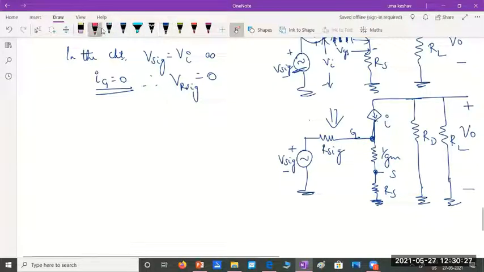Now, please remember the voltage here to here is Vi, and this Vi is the same as Vsig because the drop across this is 0. There is no voltage drop across this resistance because the current coming here is also 0. Remember, no current flows through this, so no drop. So Vi and Vsig are one and the same.